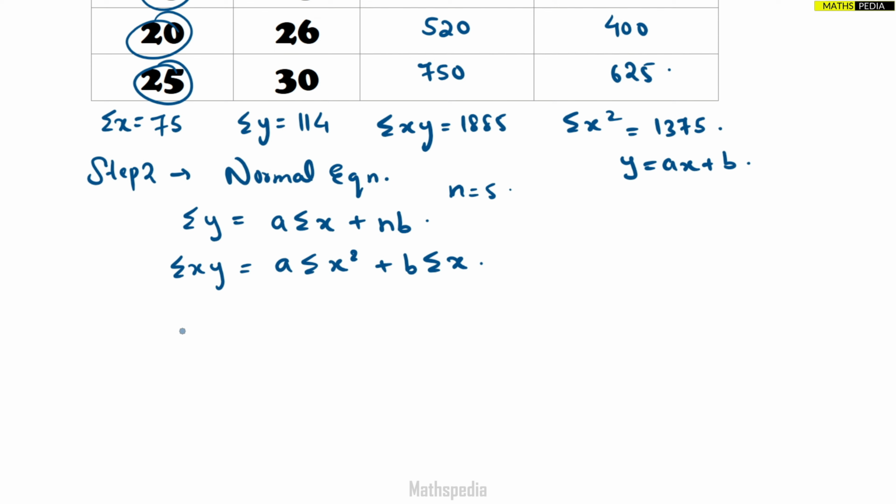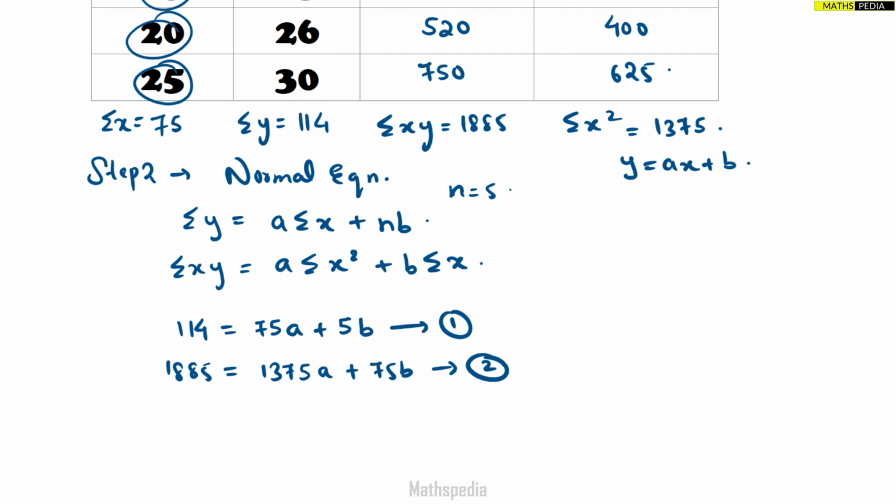Summation of y, 114, is equal to a times summation of x, 75a, plus n, which is 5, so 5b. This is the first equation we are getting. For the second equation, 1885 is equal to 1375a plus b into summation of x, 75b. This is the second equation we are getting.